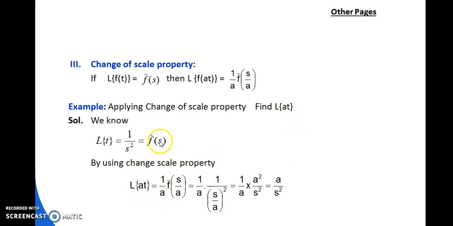F bar(s) is 1 by s square, and with s replaced by s by a, it is 1 by (s by a) whole square. So it is 1 by a into a square by s square, the a cancels, and that equals a by s square. This can be solved by the change of scale property.